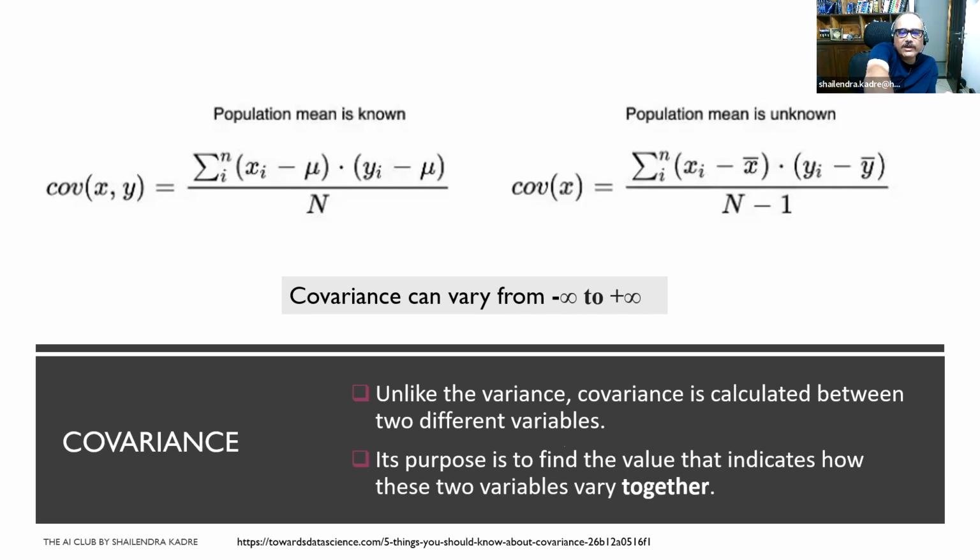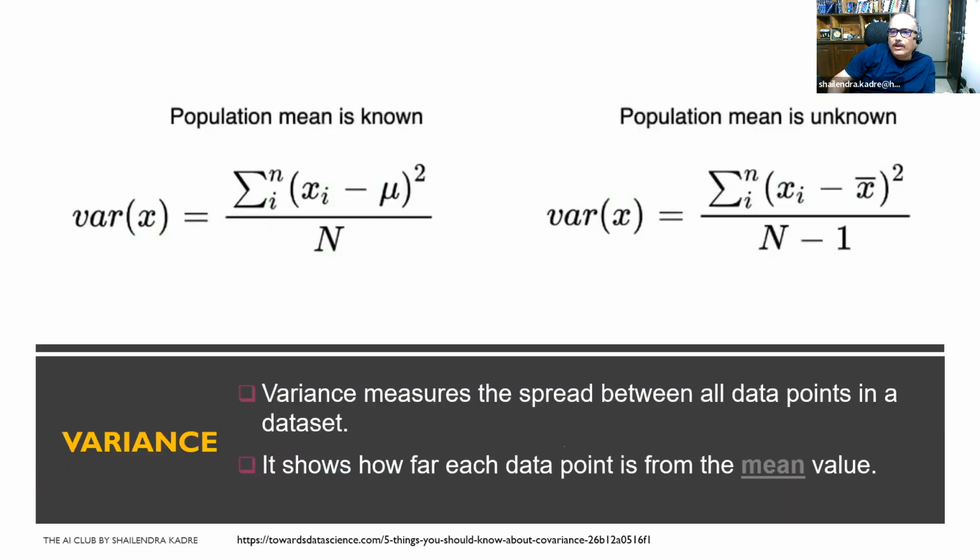If population mean is known, it means we are working with the population. And if population mean is unknown, then x minus x bar, where x bar is nothing but your sample mean, into y minus y bar, divided by n minus 1. Here also you see the same formula.